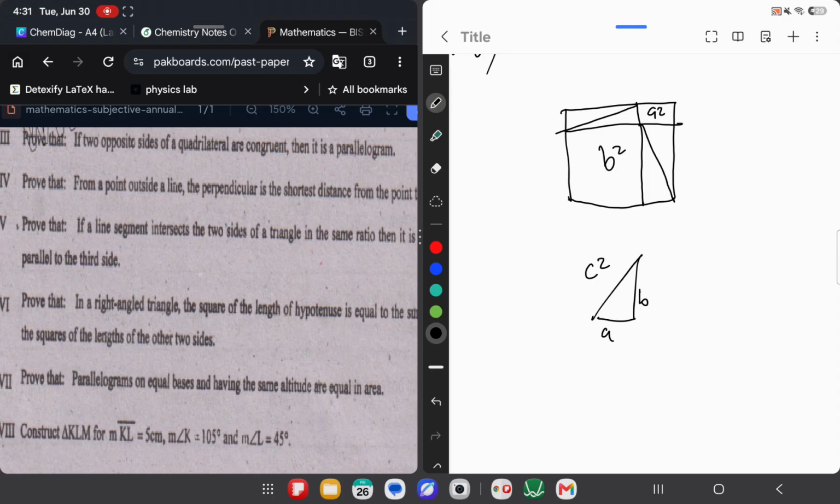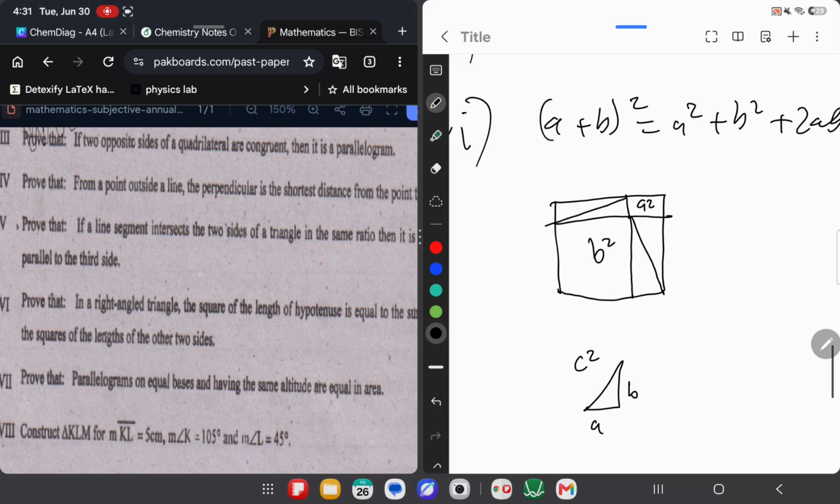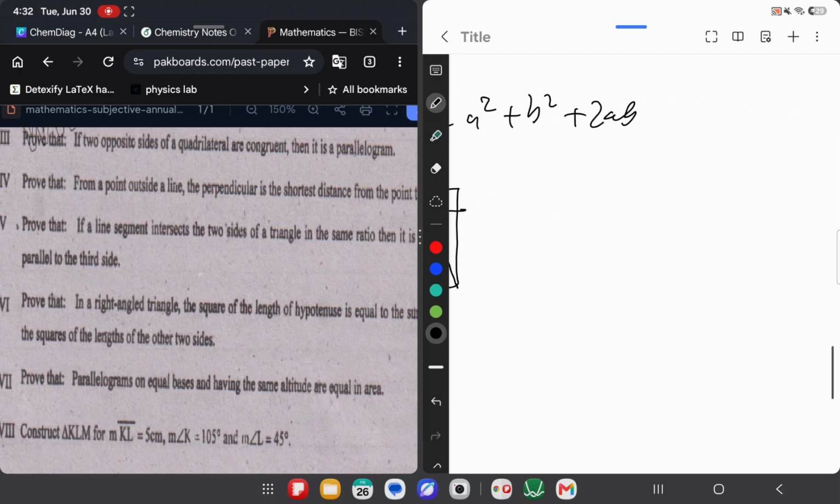How do we encode c squared inside here? We want to prove that removing these two blocks from this entire square gets us c squared. c squared is equal to a plus b whole squared minus 2ab.